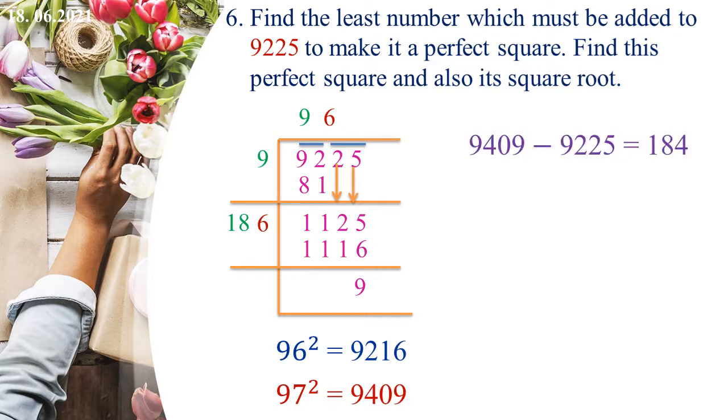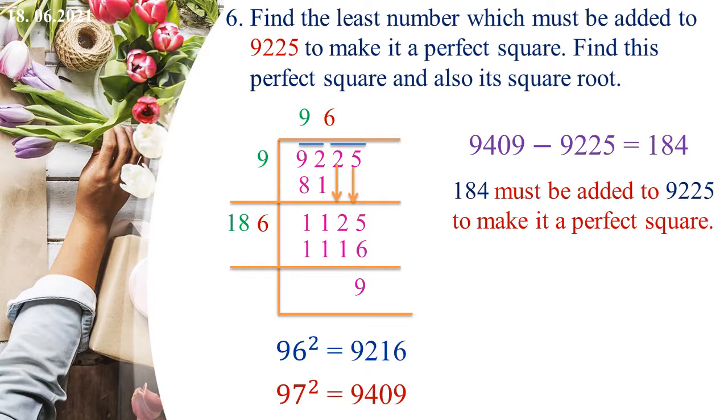That is, 9409 minus the given number 9225 equals 184. Hence, the required least number is 184.